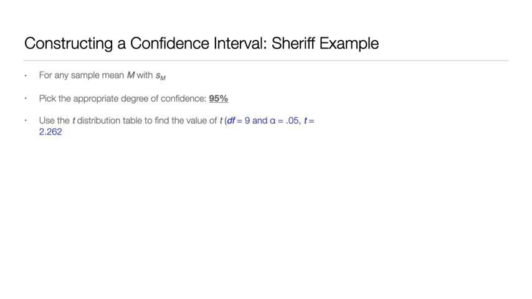So for degrees of freedom 9, our alpha at 0.05, which would be that counterpoint to that 95%, we get 2.262. We're going to solve that rearranged equation. So we're going to put that plus or minus 2.262 into our equation. We're going to put in our sample mean of 28, and our estimated standard error of 1.17.